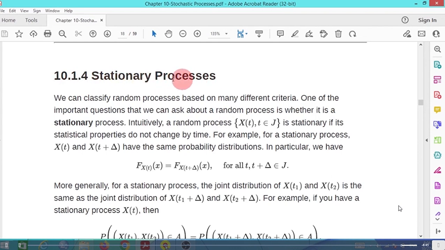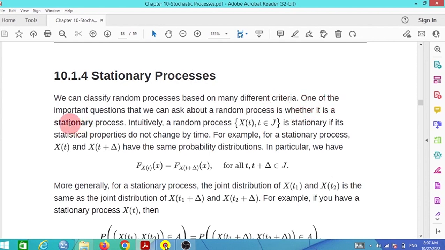What is the meaning of a stationary process, or what is the concept of a stationary process? See this paragraph. We can classify random processes based on many different criteria, different conditions. Okay.